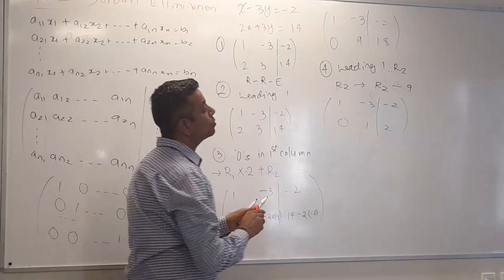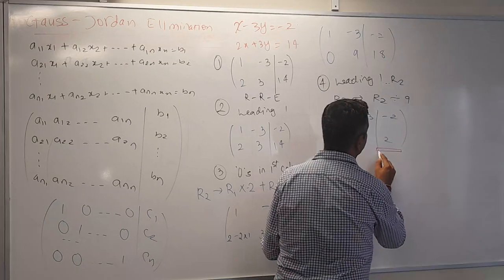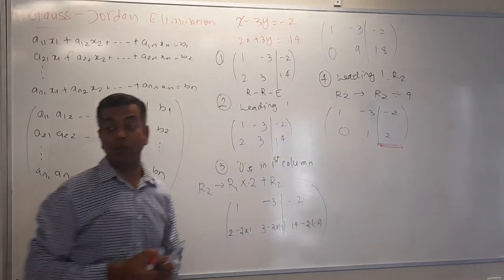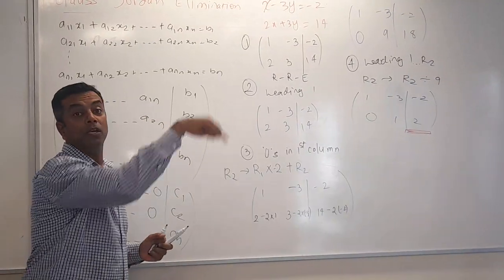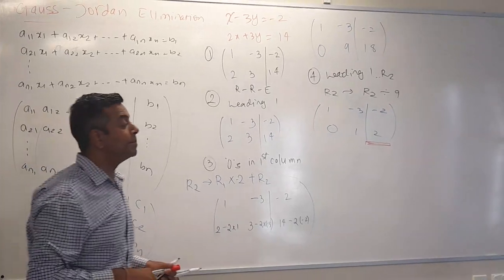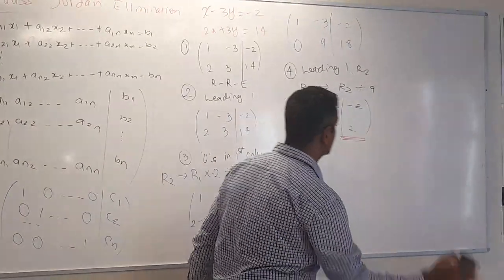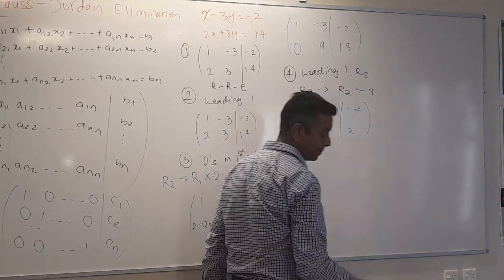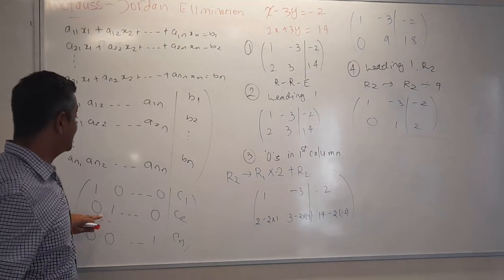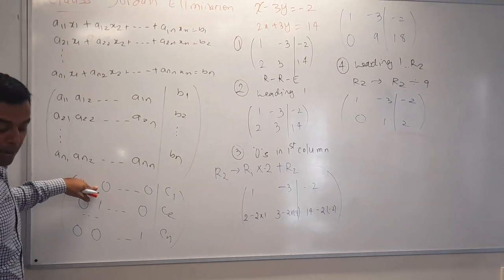If it was Gauss elimination, we would stop here and use back substitution to find the other variables. But this is Gauss-Jordan elimination, so we go a few steps more. As you can see, we got the leading 1, but we need the 0 above it.